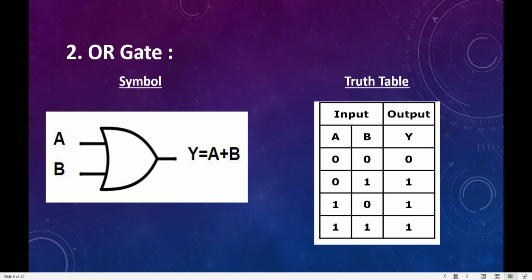But if one input is 0, that means no signal is provided, and one input is 1, that means a signal is provided, so A is 0 and B is 1, then the output is also 1, and then input A is 1 and input B is 0, and the output is also 1.